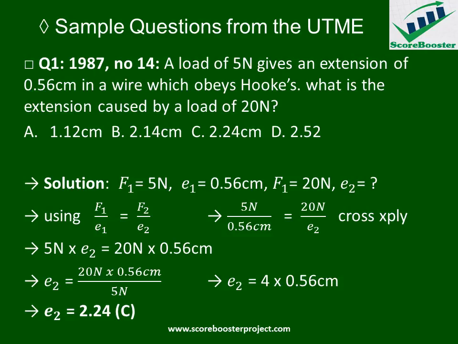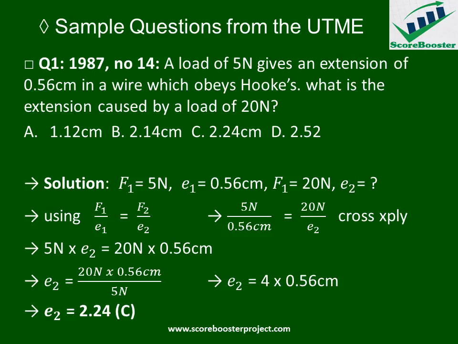If we cross multiply, we get 5 Newton times E2 equals 20 Newton times 0.56 centimeter. Then divide both sides by 5 Newton. That will give us E2 equals 20 times 0.56 divided by 5 Newton. Then you can use 5 to cut 20.